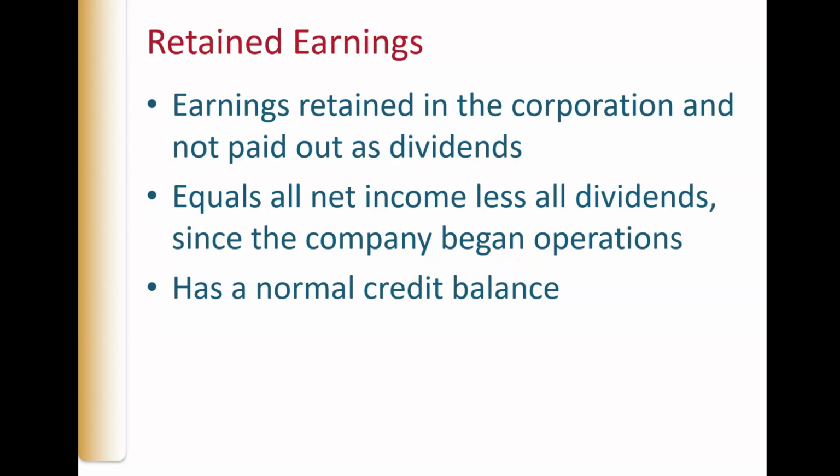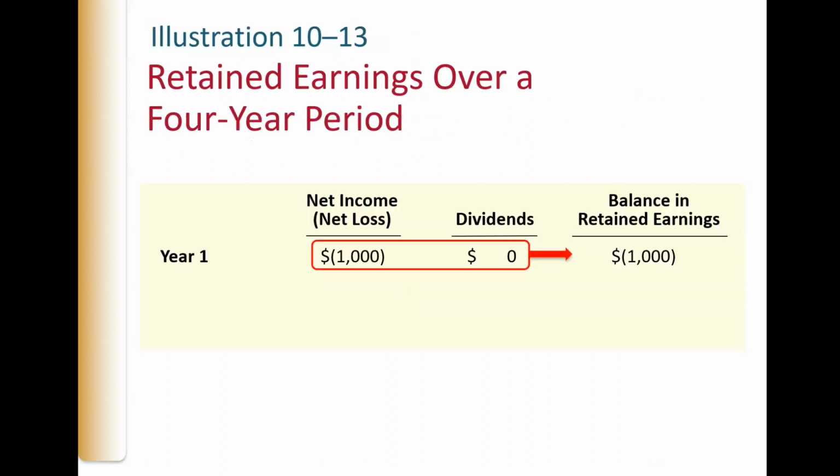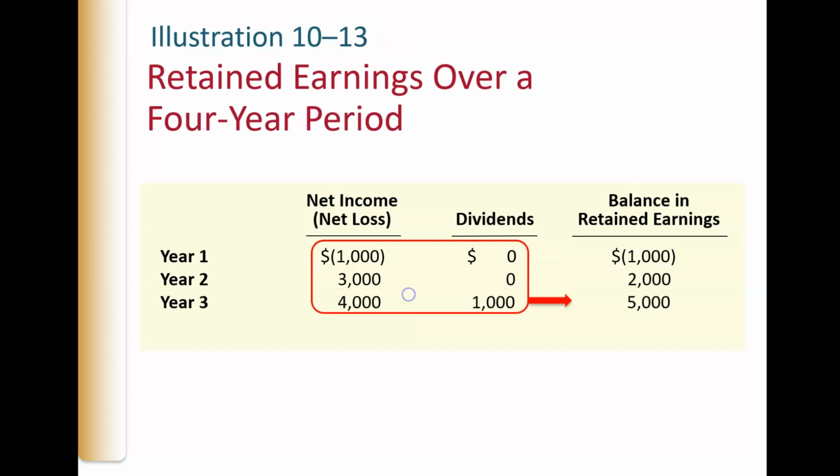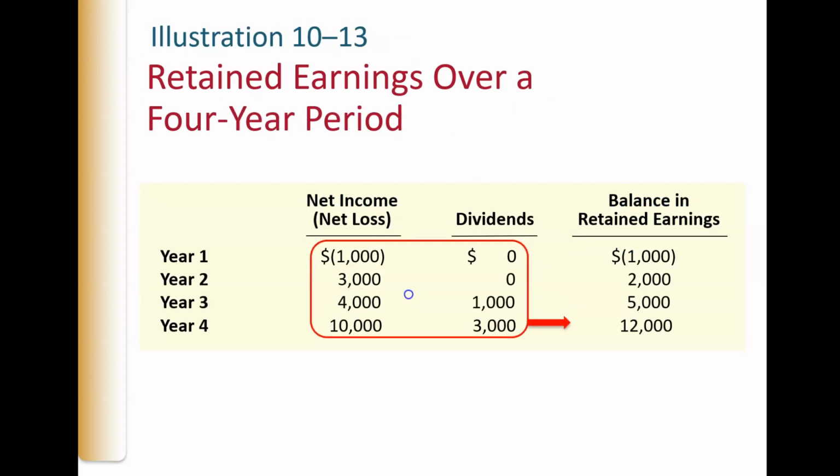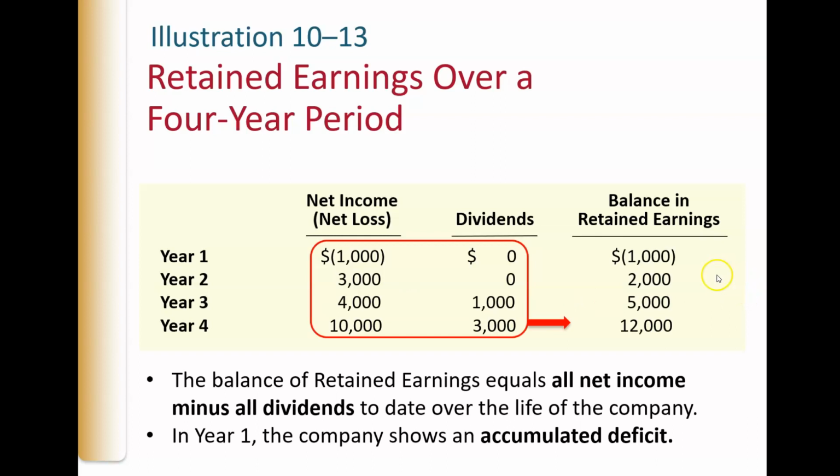And that's critical for you to remember in this chapter. And retained earnings, you don't ever zero it out. All net income minus all dividends over the life of the company. And it can be a negative number. That's called a deficit. Lots of deficits going on in this economy.